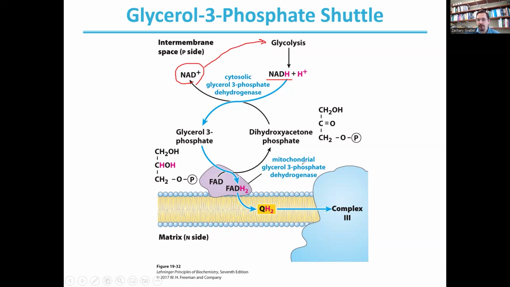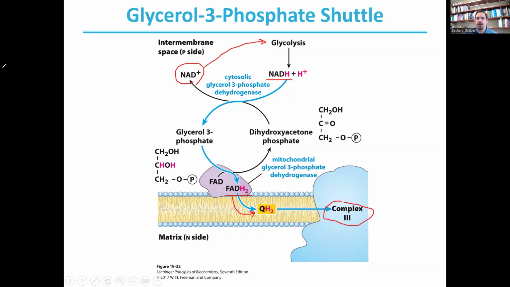while this glyceryl-3-phosphate can then go to our mitochondrial glyceryl-3-phosphate dehydrogenase, which is bound on the outside of our inner mitochondrial membrane, and this will then convert it back to dihydroxyacetone phosphate, while producing FADH2 that can then feed into our ubiquinol, which will then continue our pathway with complex 3.